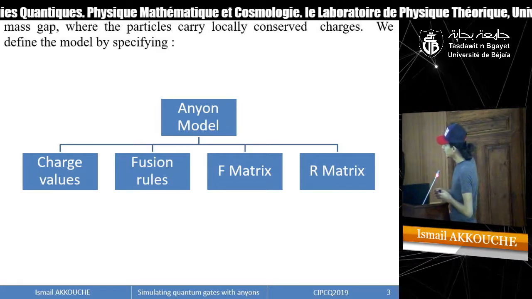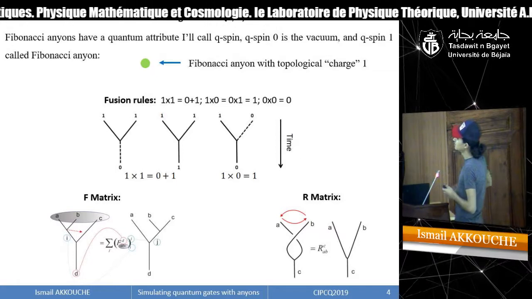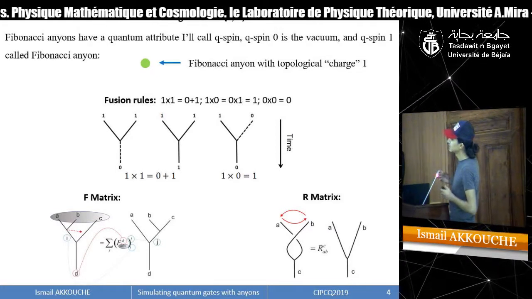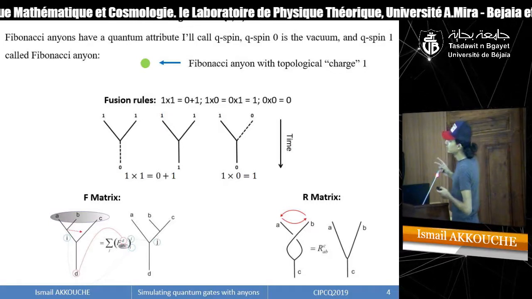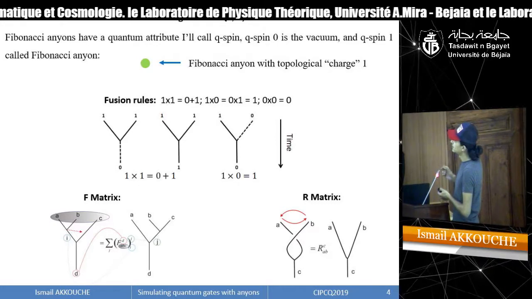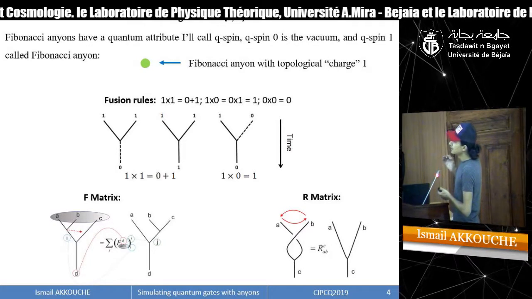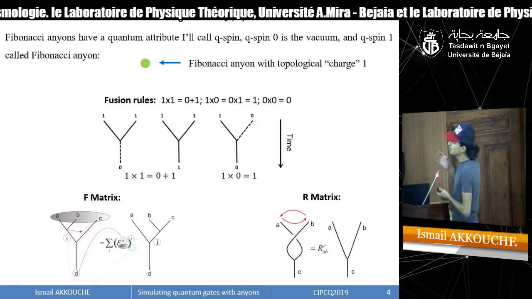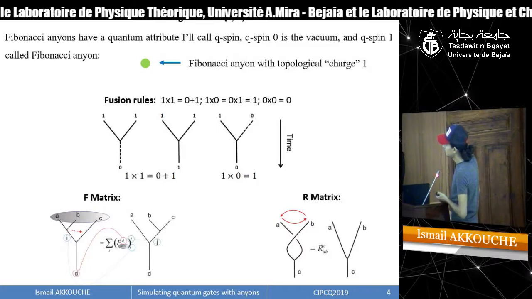For the Fibonacci model, you can think about the charge as quantum spins. There are two particles: the vacuum, or the trivial topological charge, and the Fibonacci anyon, called 1 or tau. These are the fusion rules of the Fibonacci model.